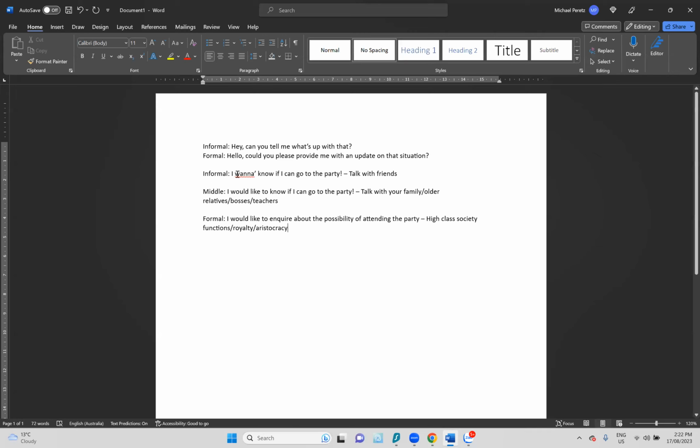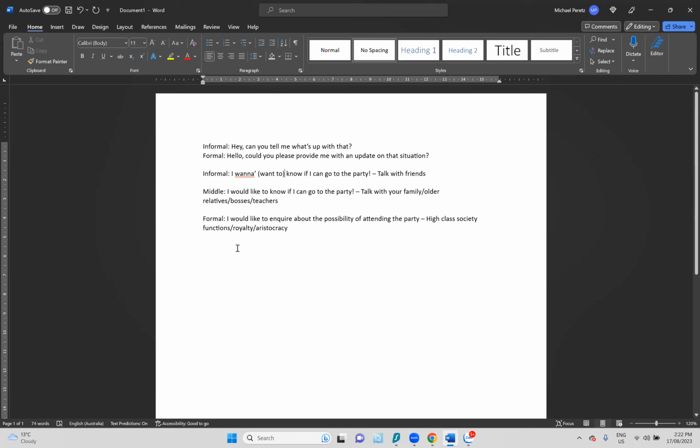Because you can see here, really the only difference between the informal and this middle level is that we've changed I wanna, which is a slang word, to I would like to. Although wanna would actually be want to. So I would like to know if I can go to this party.